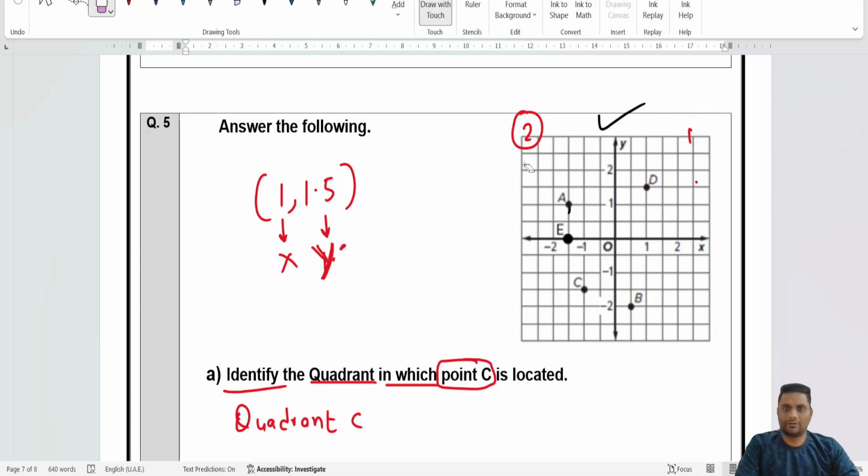Okay, we want point E. Where is point E? Here I have point E. First of all, we have to check how much it is in X. In X, check, it is coming between -2 and -1. Yes or no? So this is minus 1.5 in X.